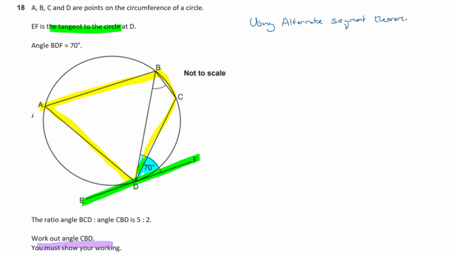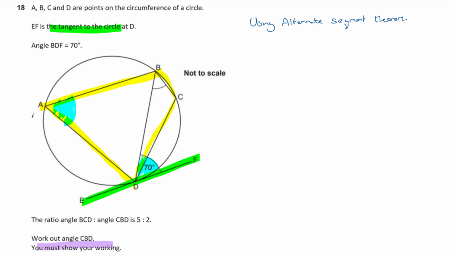Now the alternate segment theorem is one of our circle theorems that we need to know, and that says the angle between a tangent and a chord drawn at the point of contact, which is the 70 degrees that we labelled a second ago, is equal to the angle subtended in the alternate segment, which is basically if you subtend an angle off that chord, which this angle up here is, they're going to be the same.